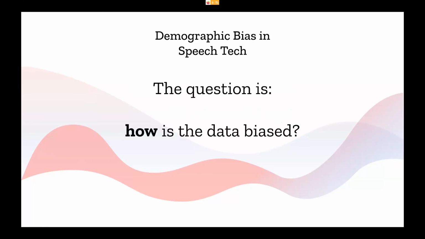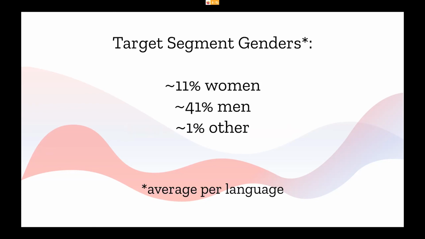So the question is, how is the data biased? With the Common Voice data at large, we can look at the information we have on gender, accent, and age and start to get a picture. On average, per language, we have data that is biased towards men. We have fewer women's voices, or at least fewer people opted in to identify their gender as woman than men.